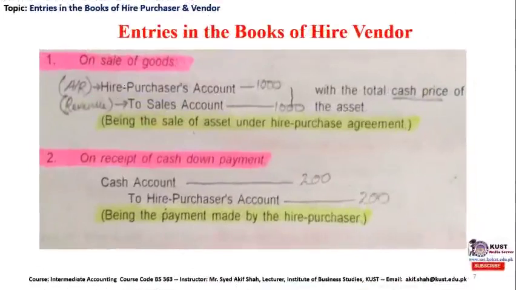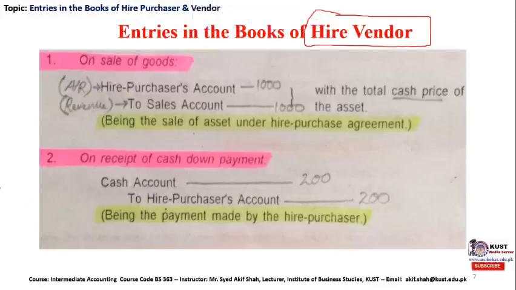Now let's discuss how the hire vendor records the same hire purchase agreement and related accounting entries in his books of account. On the sale of the goods, we have continued the same example, so the numerical values will remain intact, but how to mention those entries in the hire vendor accounts will be discussed shortly.